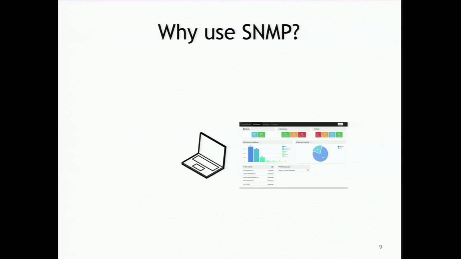So why use SNMP? I have a MacBook there, and I did a screenshot of Monkey Report. There are some tools that will give you good statistics on your Macs. Monkey Report, I haven't used it, but the feedback I get is decent, which is great, but it only does your Macs.